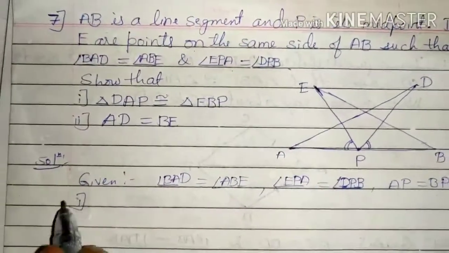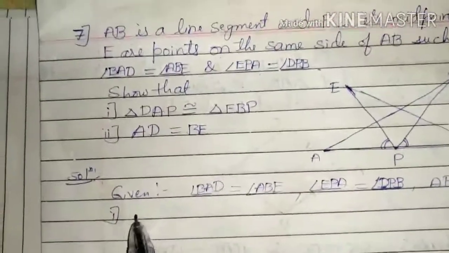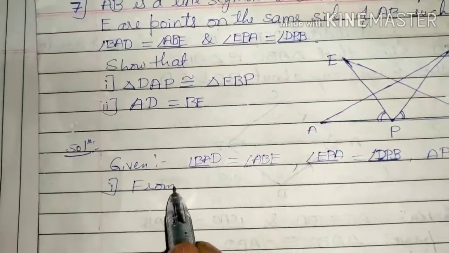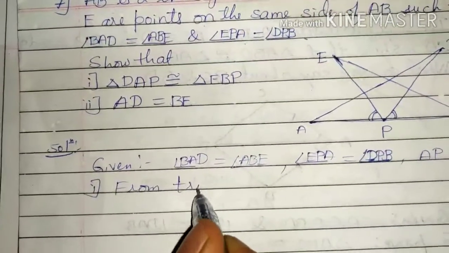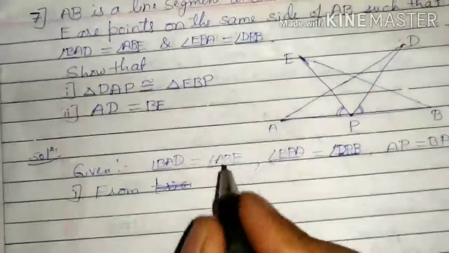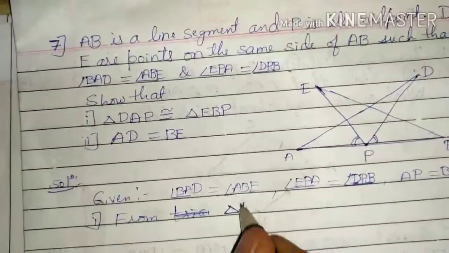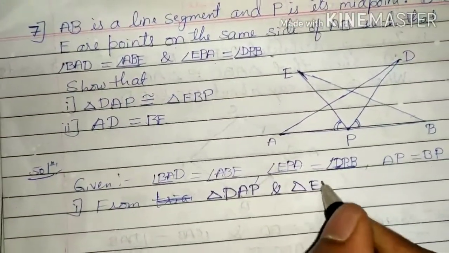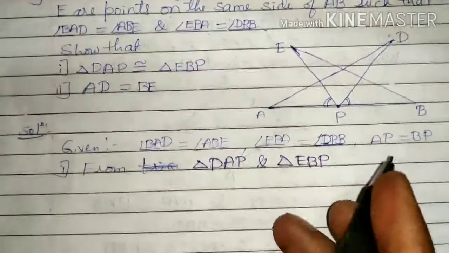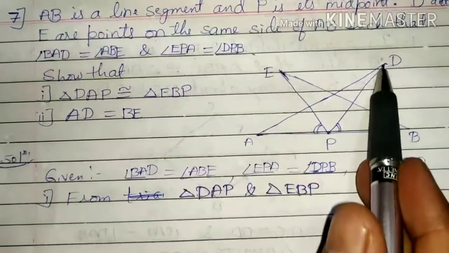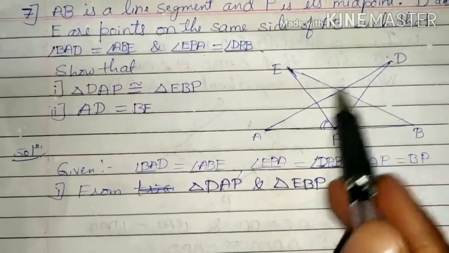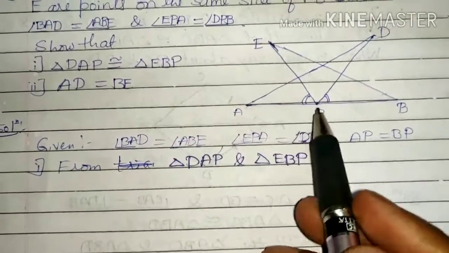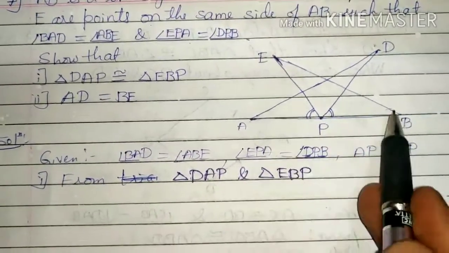So first, we will consider triangle DAP and triangle EBP. Triangle DAP is here, this is the obtuse triangle, and EBP.